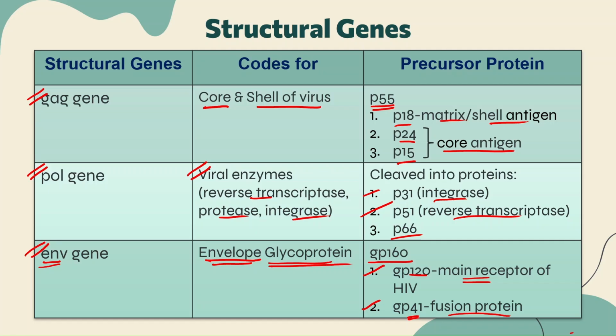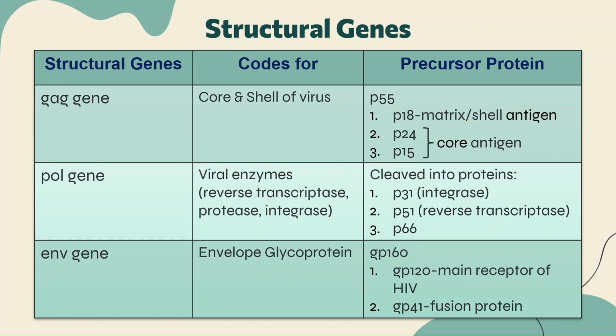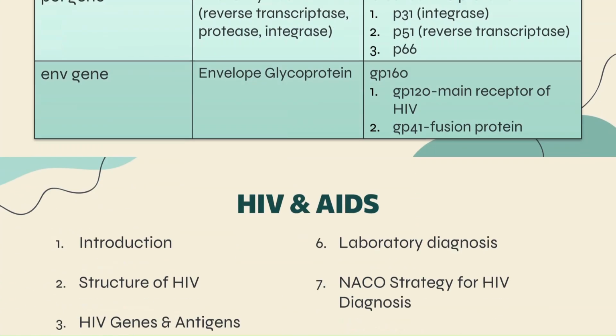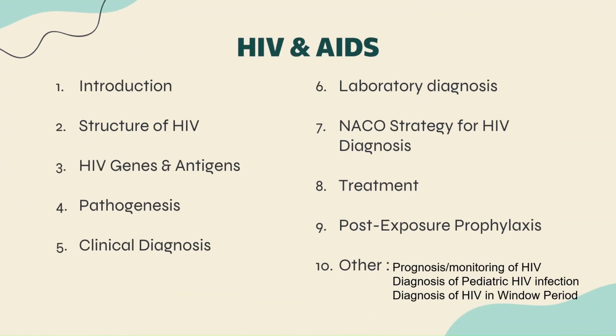Right now, just remember that the ENV gene's precursor protein is GP160, which cleaves into GP120, the main receptor for HIV, and GP41, the fusion protein. You will understand the details of the main receptor and the fusion protein under the pathogenesis of HIV. Right now, just remember the details of the gene. Understood?